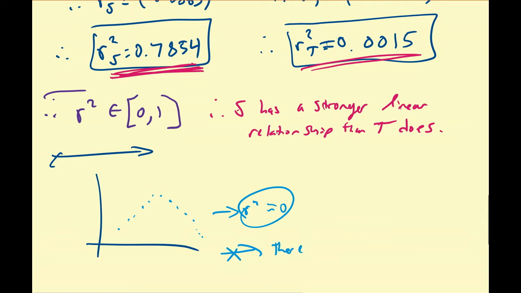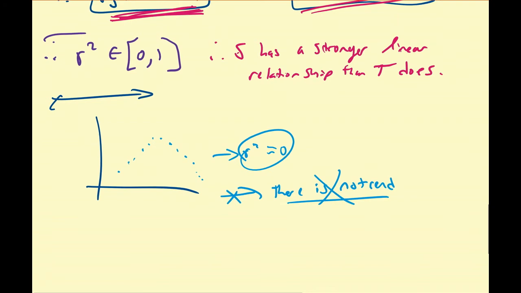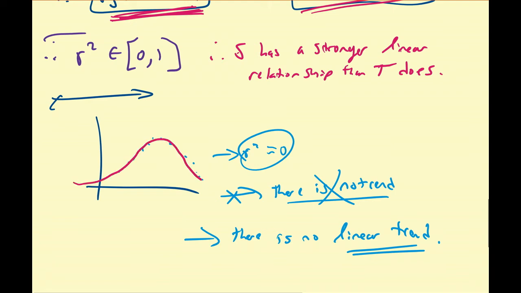The only thing it does imply is that there is no linear trend, because clearly this could possibly be a normal distribution for all we know. But if we do a correlation coefficient, that's going to come out to approximately 0.